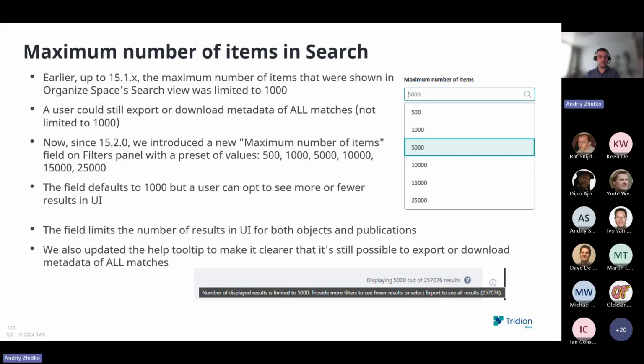Now you have a possibility to specify a maximum number of items that you want to return. There is a predefined set of values with 25,000 as the max one, but if you have more results returned, you still can export these values and use them for your needs.